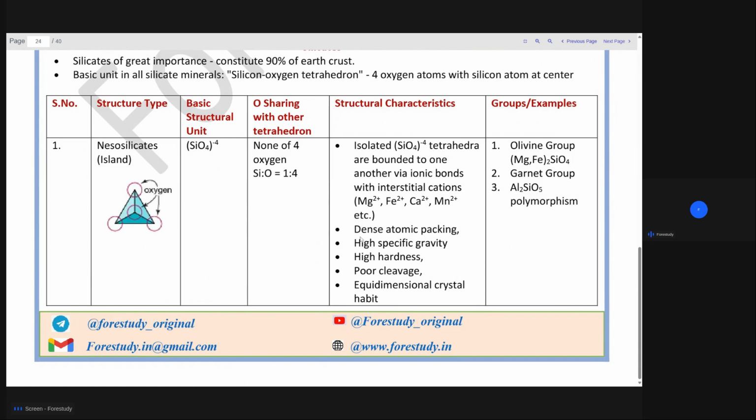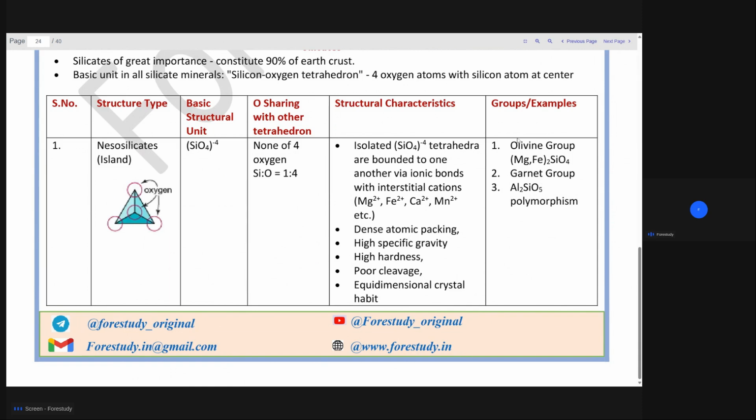Then there is dense atomic packing, high specific gravity, high hardness, poor cleavage, equidimensional crystal habit. Because it is just isolated tetrahedra, it will have poor cleavage, high hardness, and high specific gravity. And these are the elements present in the interstitial spaces to make up the valency, but not shared with the oxygen. Oxygen atoms are not shared with any other tetrahedra or any other elements.